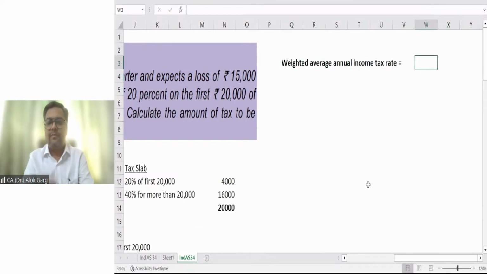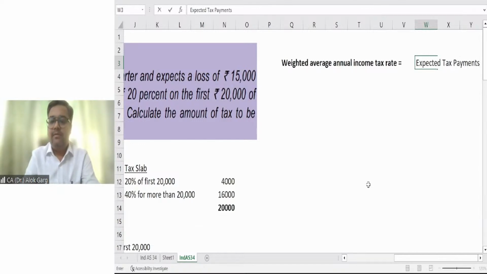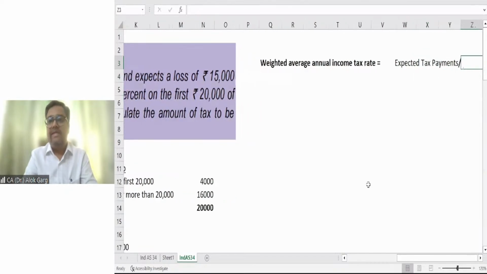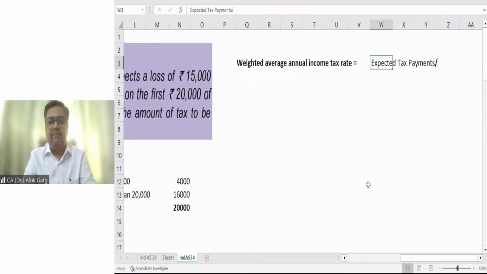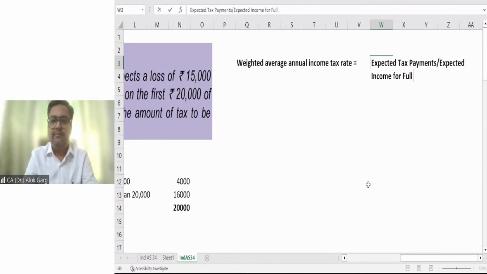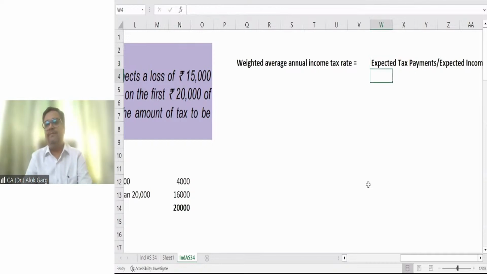your expected tax payments divided by expected income for full year, right?